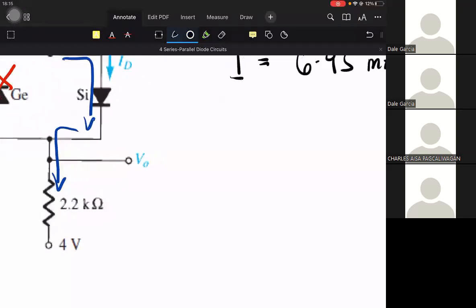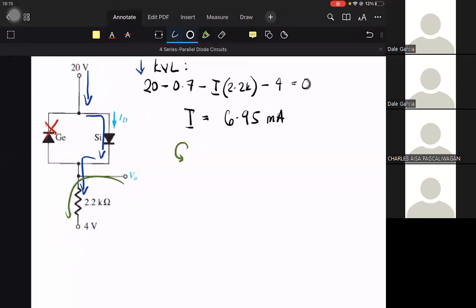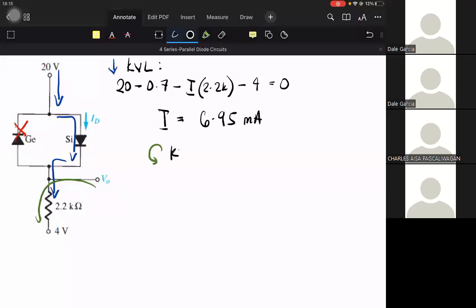If mag KVL ta, direction from VO to ground: plus VO minus 6.95 milli times 2.2 kilo minus 4 is equal to 0.